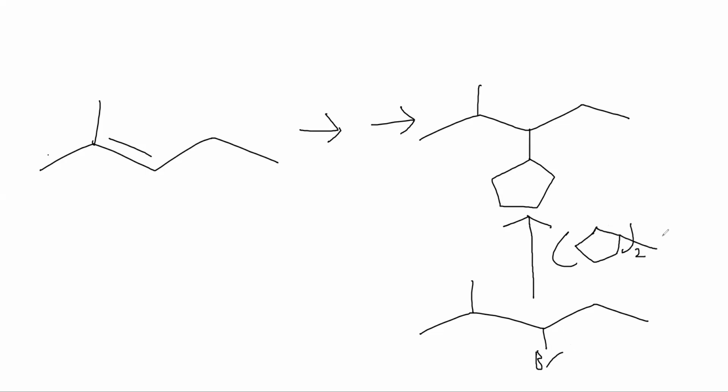There's going to be 2 of them bonded to a copper lithium complex, and it's going to be done in ether. So pretty much anything could be attached to this copper lithium complex and react with an alkyl halide, and it'll work. So there's not really a limit on this. That's just something to keep in mind. There are usually limitations on reactions like this, but this one doesn't have that many.